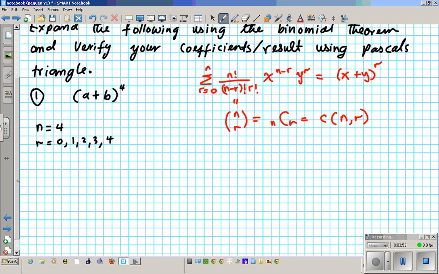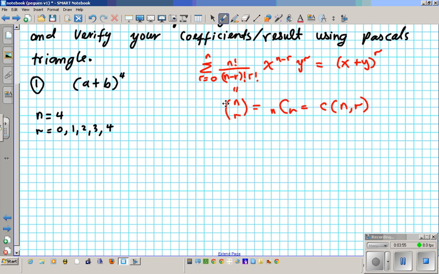So let's do it. I want to set up the coefficients first. I'm going to use this notation here. I can use any one I desire, but let me just pick this one. The first term is going to be 4, because n is always 4, n never changes. r starts from 0. 4 choose 0 is the first term.